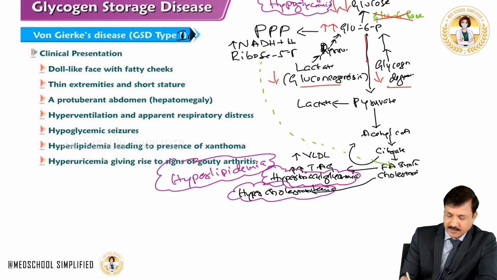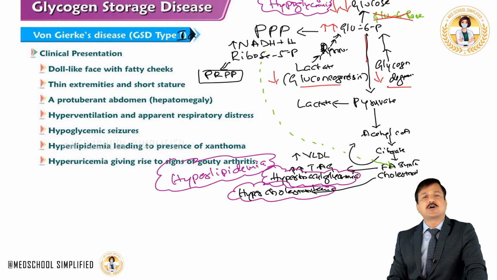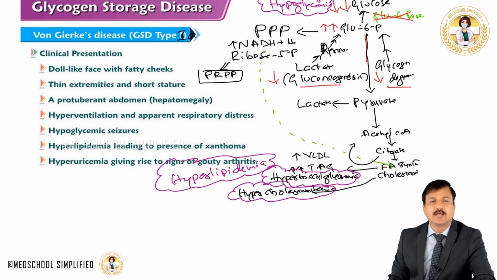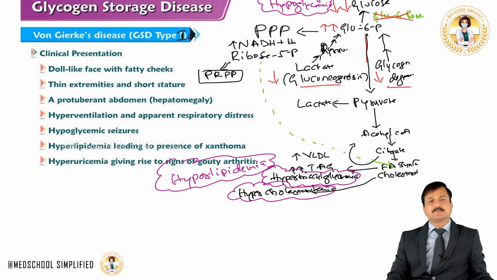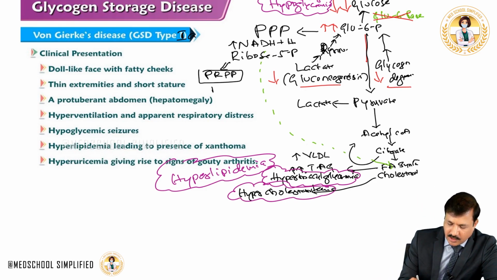Ribose 5-phosphate, and this ribose 5-phosphate will make PRPP. PRPP is phosphoribosyl pyrophosphate. You are going to see that in purine and pyrimidine metabolism. And this phosphoribosyl pyrophosphate is going to increase the purine salvage pathway. So PRPP is diverted into the purine salvage pathway, and this will increase purines.